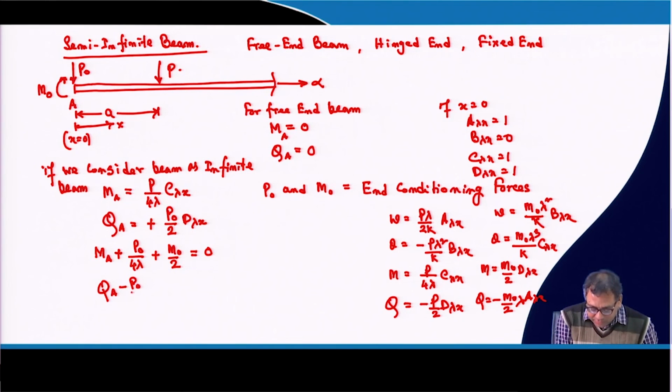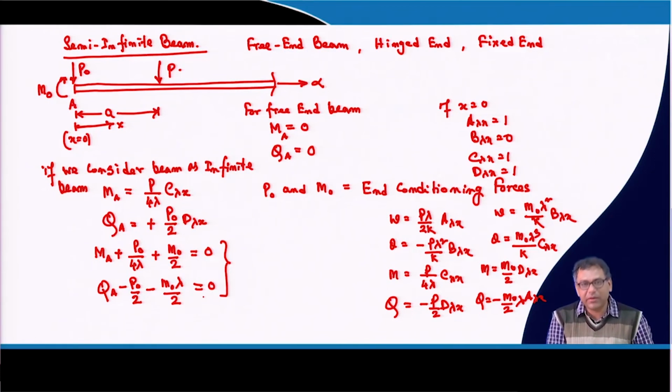Then for this moment the shear force will be minus M0 by 2 into lambda, as A lambda x will be 1. So this will be minus M0 lambda by 2, that will also be equal to 0 as per the boundary condition.